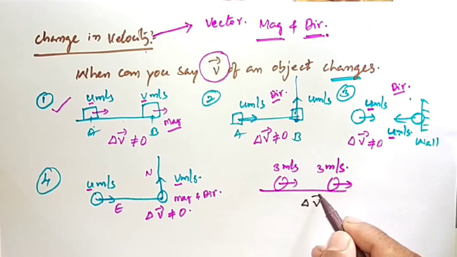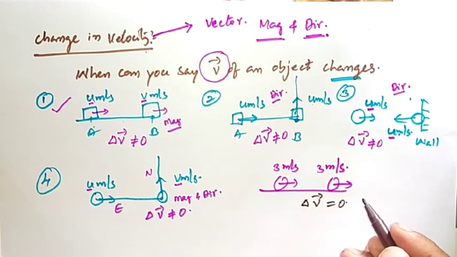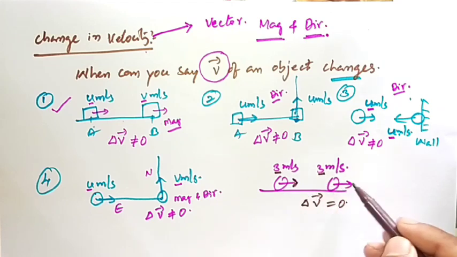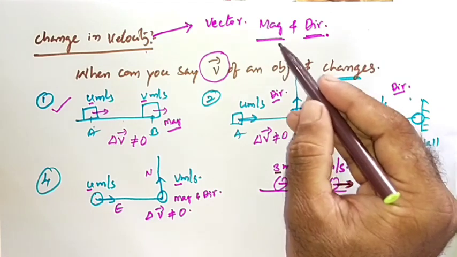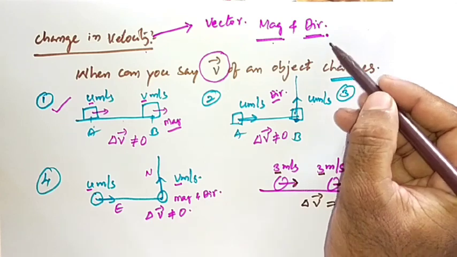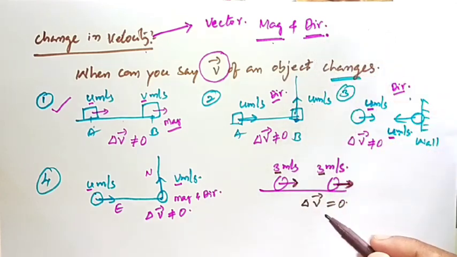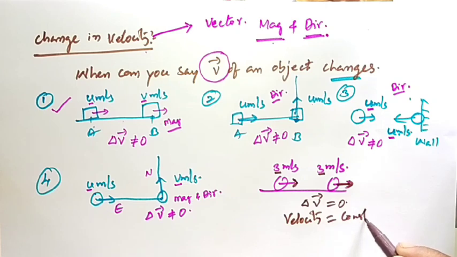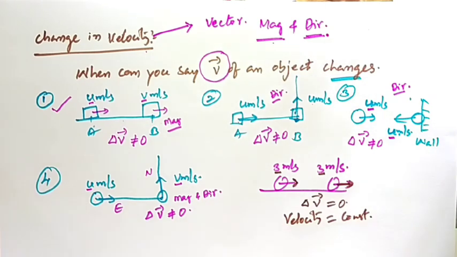In this case, the change in velocity is 0 because the magnitude of the velocity is constant and the direction of the velocity is also constant. Magnitude is not changing, direction is not changing. Condition satisfied. So the change in velocity is 0. That means here velocity is constant. Clear? So in the other cases velocity is changing.